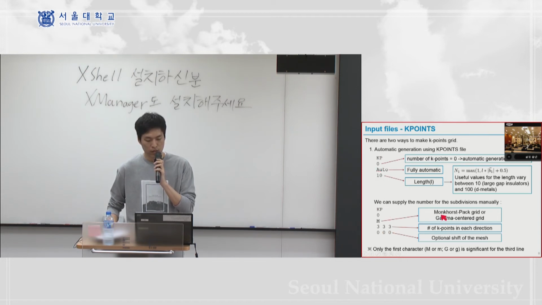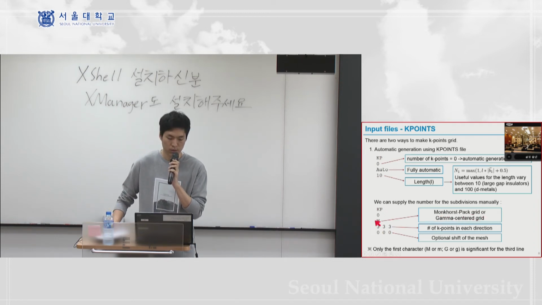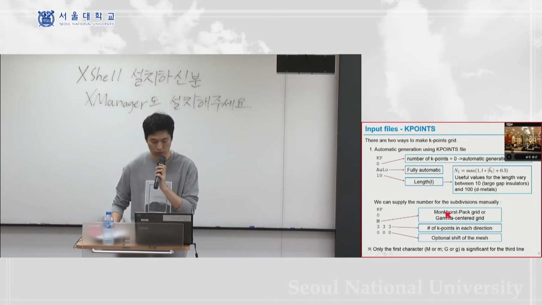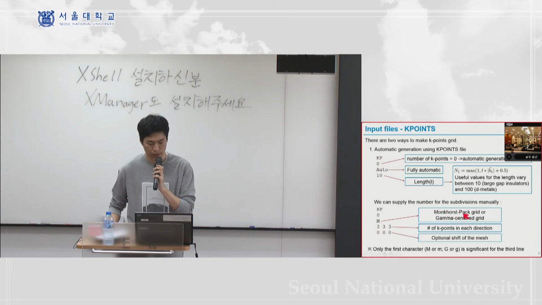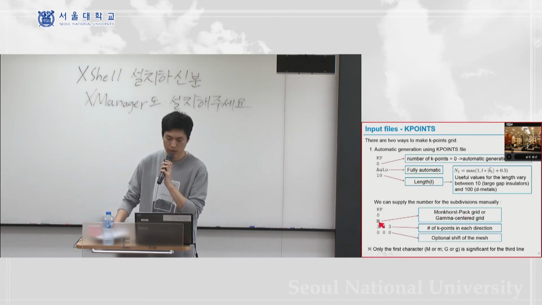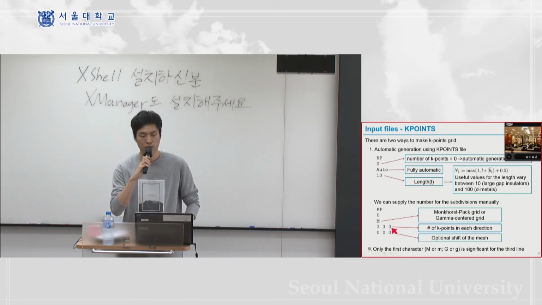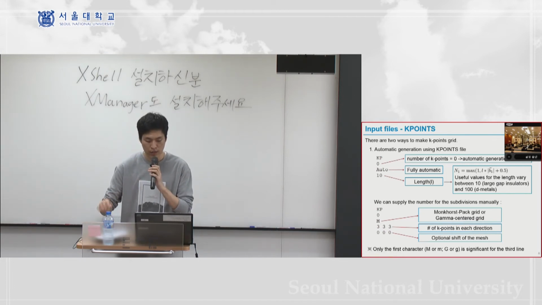Then we can choose a Monkhorst-Pack grid or a Gamma-centered grid. If the letter on the third line is M, then we will be sampling in a Monkhorst-Pack grid, and if this letter is G, then we are sampling k-points in a Gamma-centered grid. In the next line there are 3 numbers, and these 3 numbers tell the number of k-points in each direction.